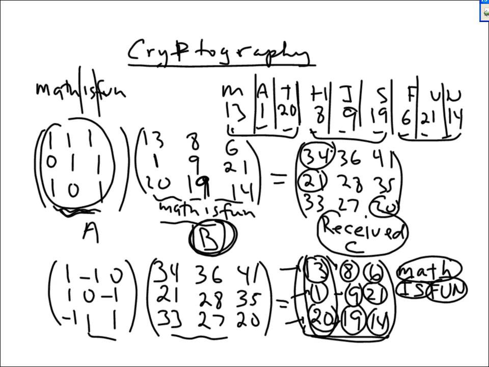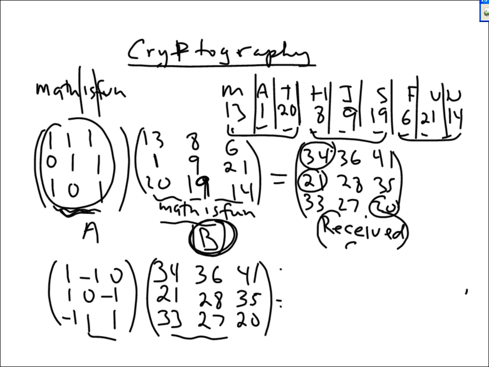Now, if somebody tries to intercept this email, that is, they receive this. They receive that. I guess that they could eventually decode it.